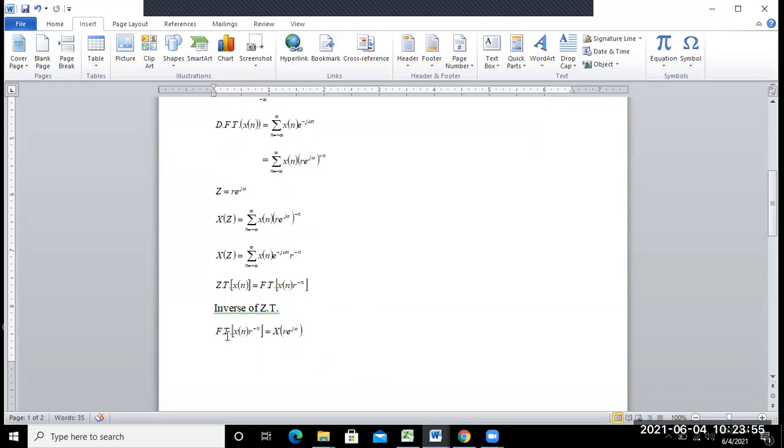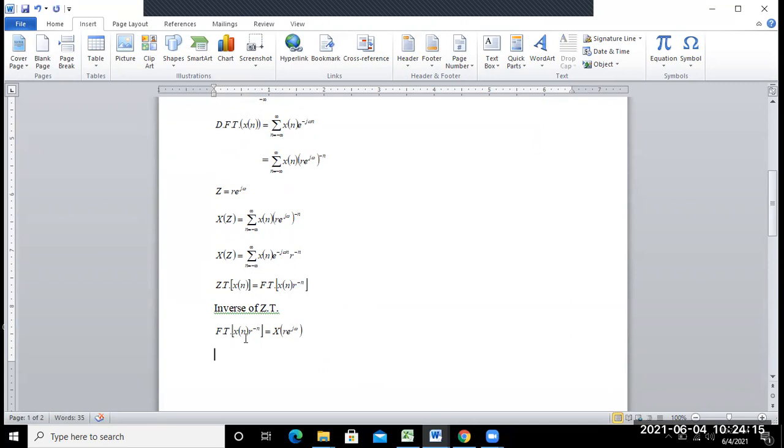So we just move this Fourier transform to this side and find out the xn. Okay, just find out the xn. So if we move this Fourier transform to the right side, we can just write the inverse of the Fourier transform.